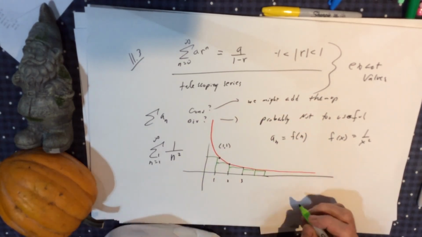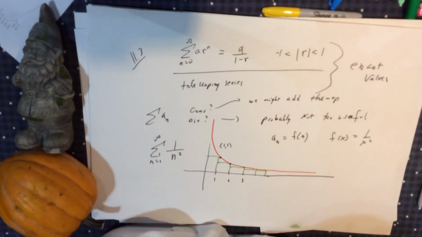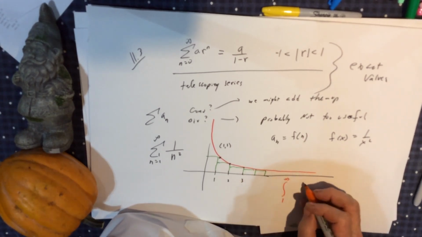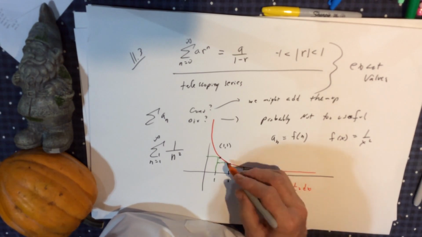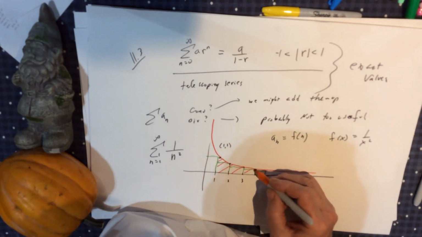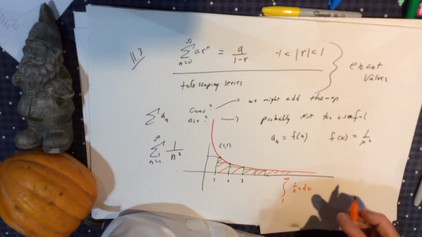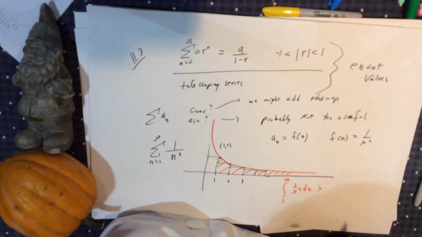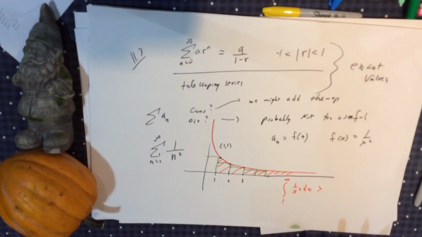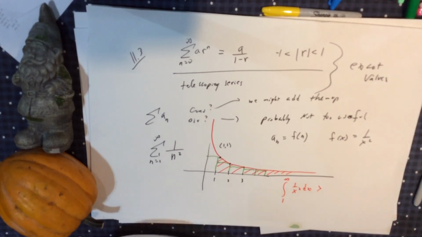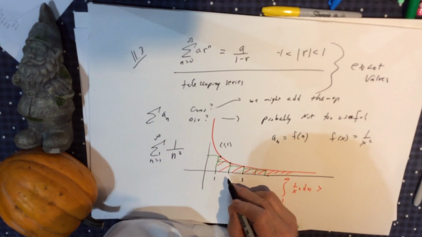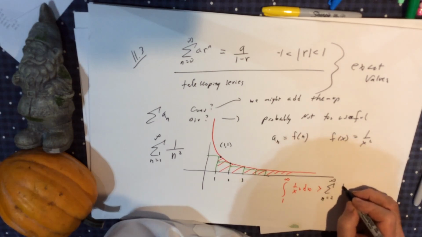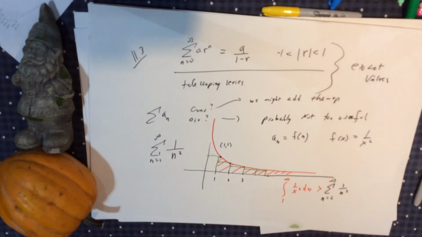I'd like you to notice that this is fairly reasonable, that the integral from 1 to infinity of 1 over x squared dx would be this area, which would be greater than, because you can clearly see that, the series starting at 2 of 1 over n squared.